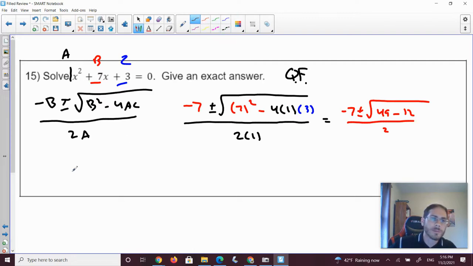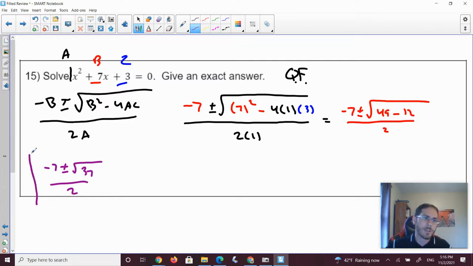All right, I need to come down. We'll come down here next. Negative 7. It's not purple. I want to use the purple one. Negative 7 plus or minus the square root of, so 49 minus 12 is 37, over 2. And this is the point where we're actually done.